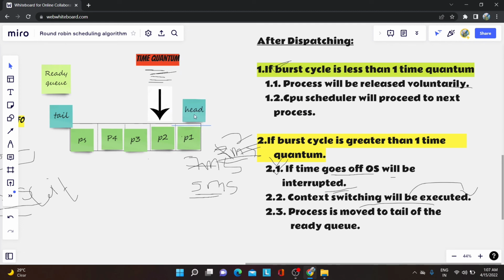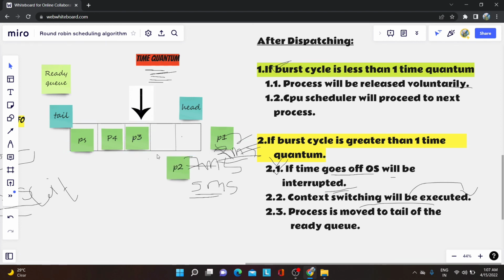For our convenience, let us assume we will be moving this head forward, or we will be removing this process P1 from the queue, and process P2 executes.